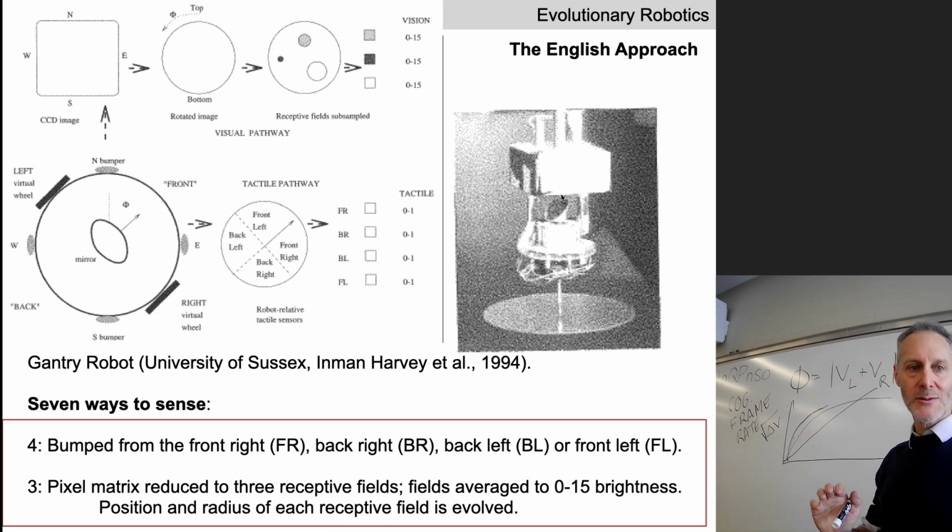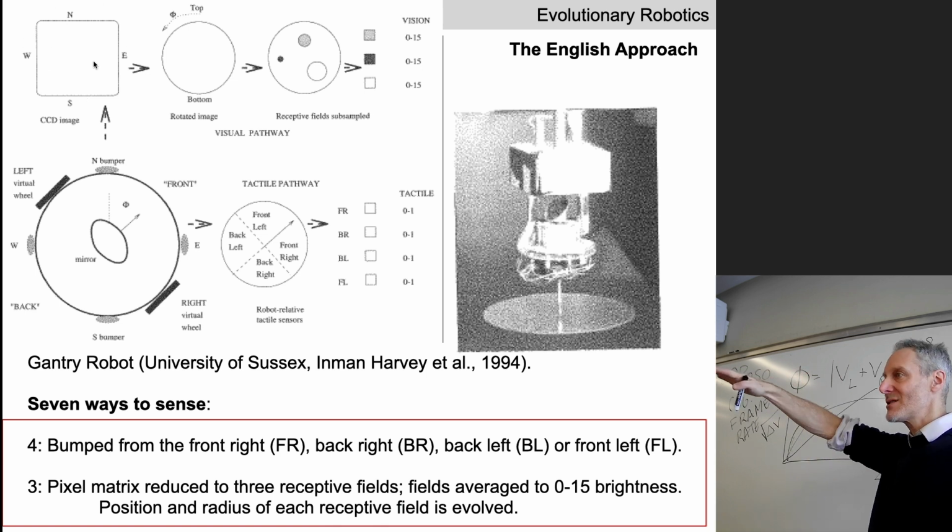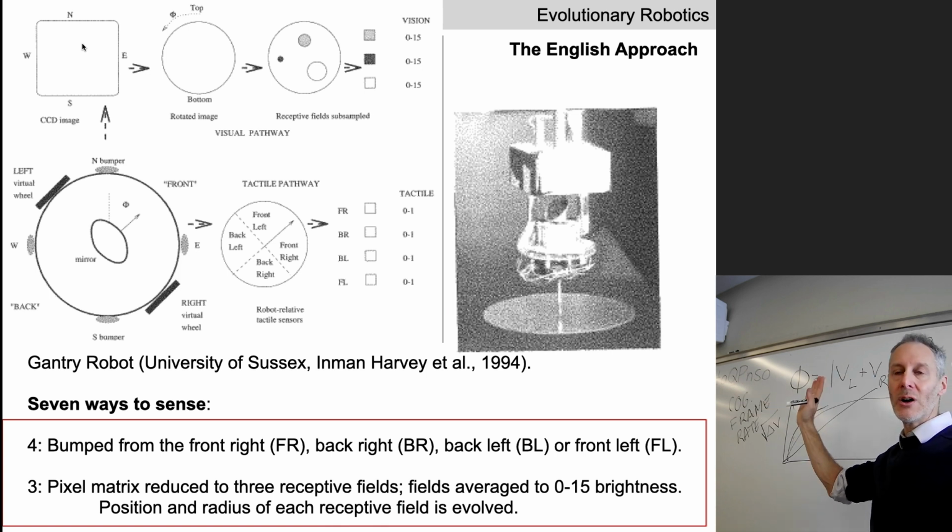How did they do this? They take the raw CCD image, the raw image from the camera. So we've got north, west, east, and south. Remember that we've got this rotating dental mirror. So that rotating mirror is giving a 360-degree view around the camera.